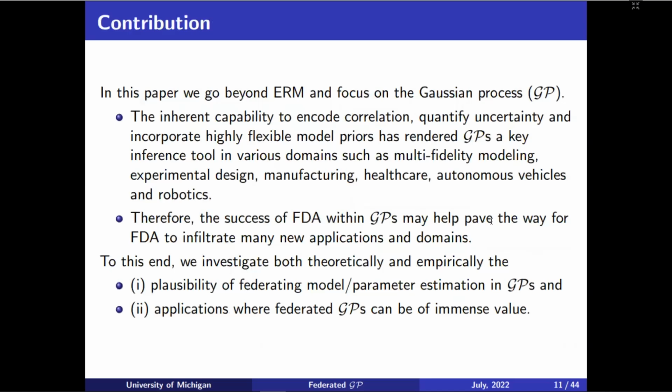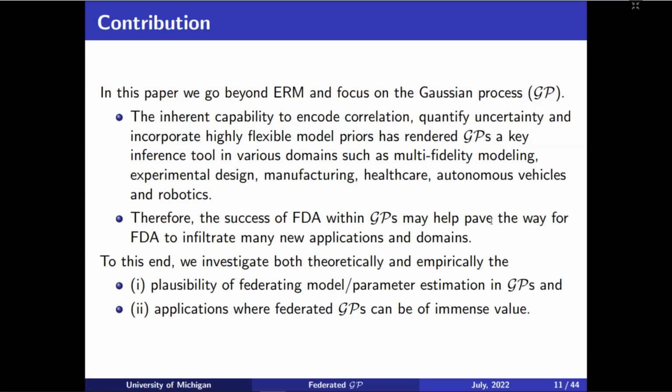In this paper, we go beyond the ERM framework and focus on the GP. Needless to say, the inherent capacity to encode correlation, quantify uncertainty, and incorporate flexible model priors has rendered GP a key inference tool in many applications, such as multi-fidelity modeling.